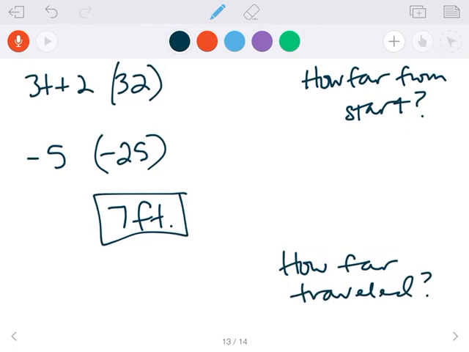If we're looking at the total distance traveled, then we don't care about what direction it is, so we just take the 32 feet plus the 25 feet and we add them together. Now, one bonus that we have in this is thinking about this in terms of derivatives and antiderivatives.